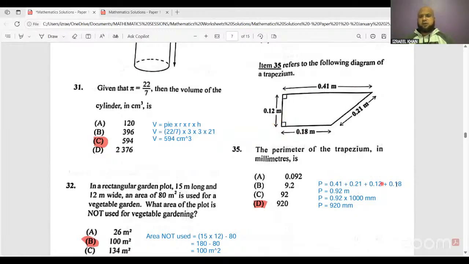Once you add all 4 of them, you'll get 0.92 meters. And we should know converting meters to millimeters, you multiply by 1,000 because 1,000 millimeters make 1 meter. So 0.92 by 1,000, you move the point just what? 3 places to your right. You'll get 920 millimeters. That's D as in dog.